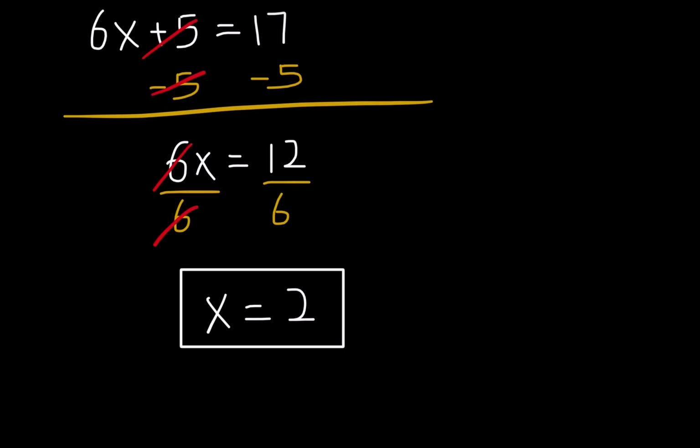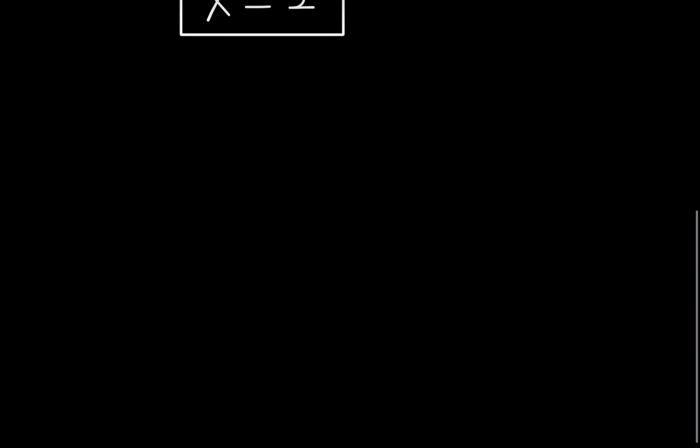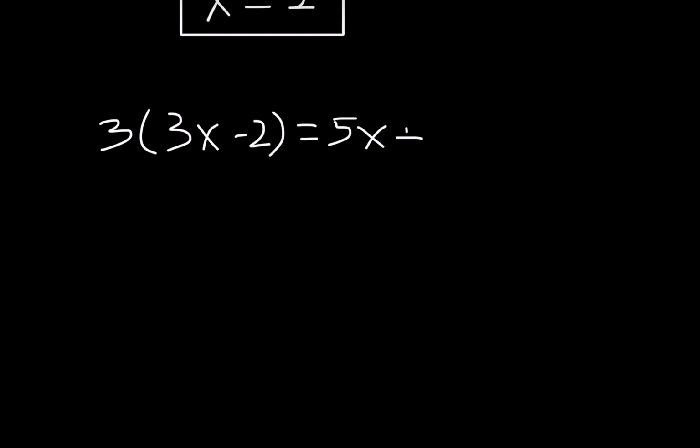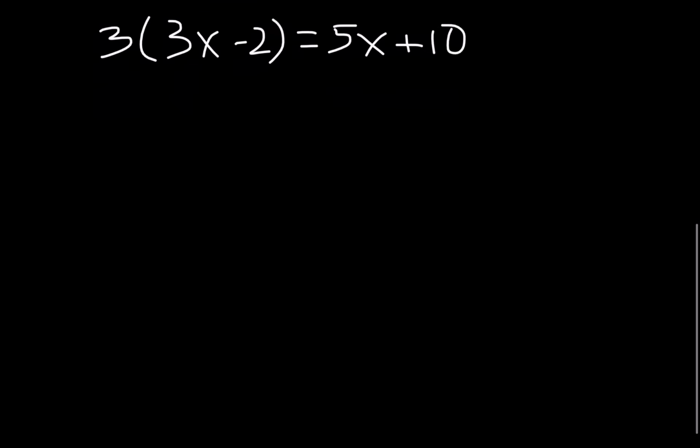Now let's take a look at what happens if there is a bracket in the question. For our next question, we have 3 times (3x minus 2) is equal to 5x plus 10. Notice that we have this nasty looking bracket, but brackets aren't as bad as you think.